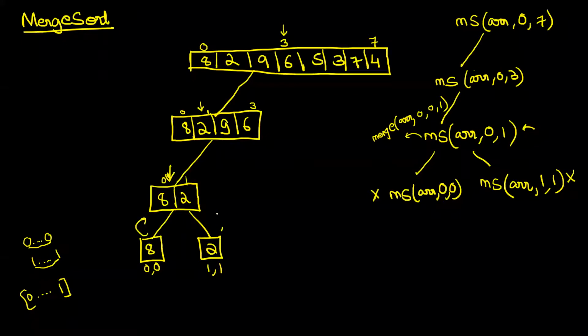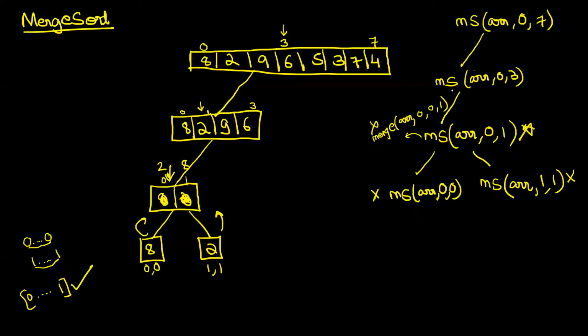So you merge these two elements and you will get a 2 here, you will get an 8 here. So from index number 0 till index number 1 of the array ARR is now a sorted sequence. Once I know that from index 0 till 1 is sorted, I simply return from merge sort 0, 1. This also returns. This merging is done, so I simply return from here.